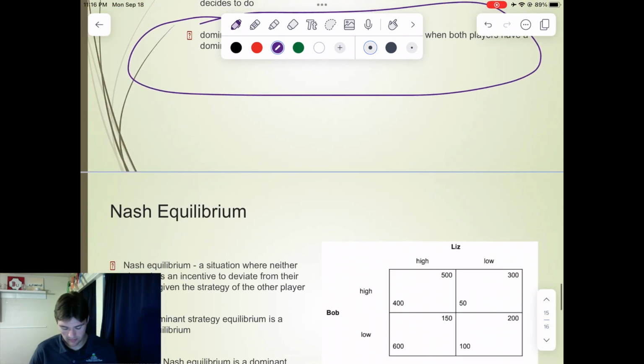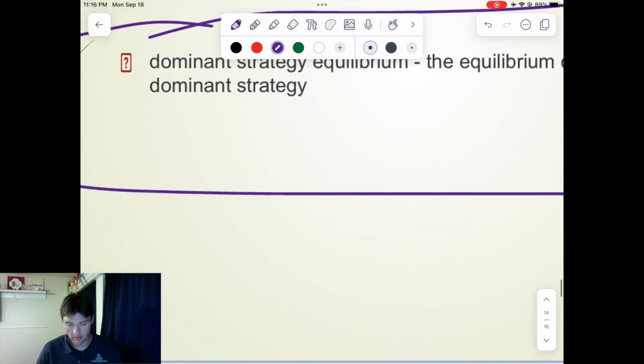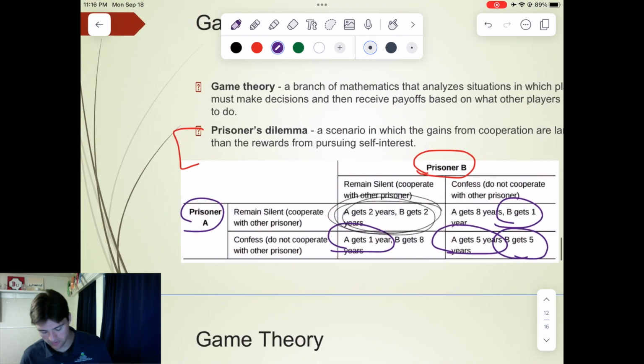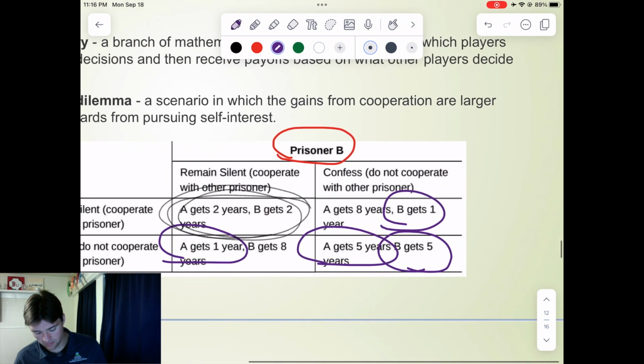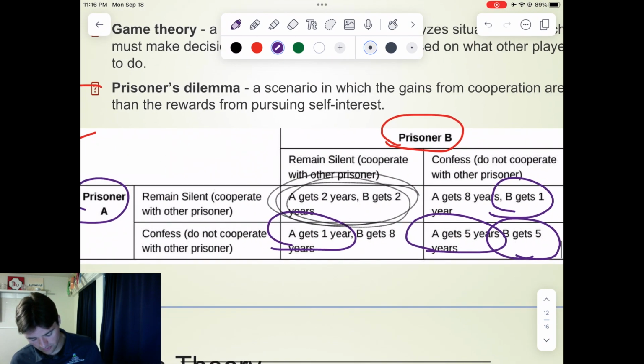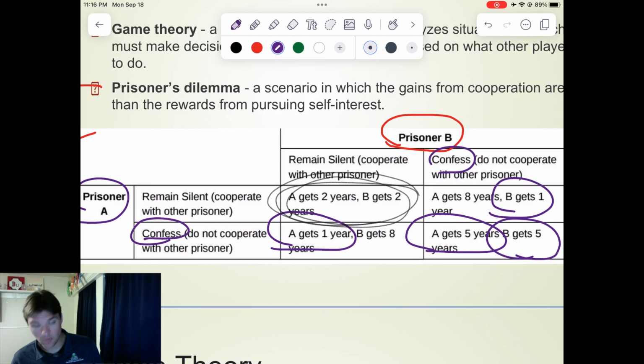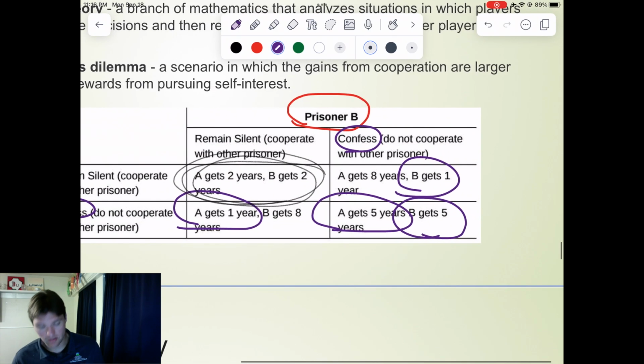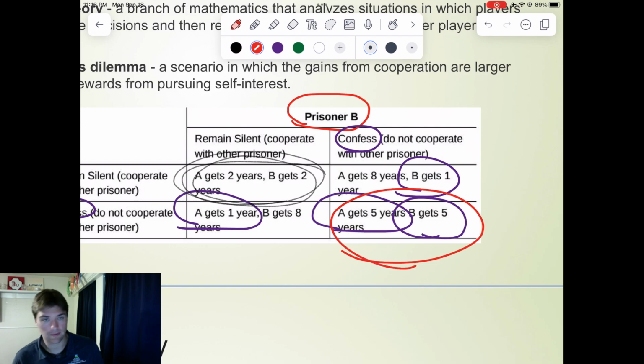Let's take a look at that real quick. Where basically, like the prisoner's dilemma, see how A always confesses and B always confesses. So those are their dominant strategy. And right here is a dominant strategy equilibrium. Okay, just where the equilibrium is.